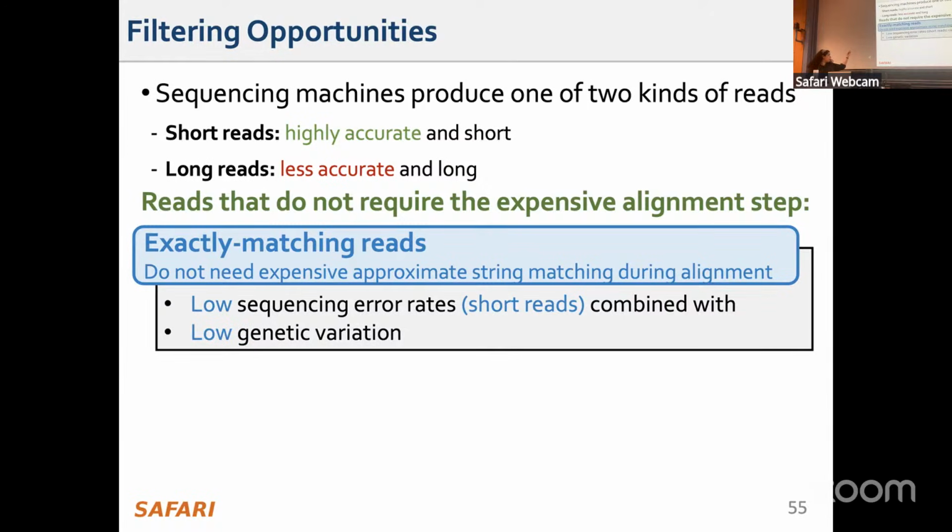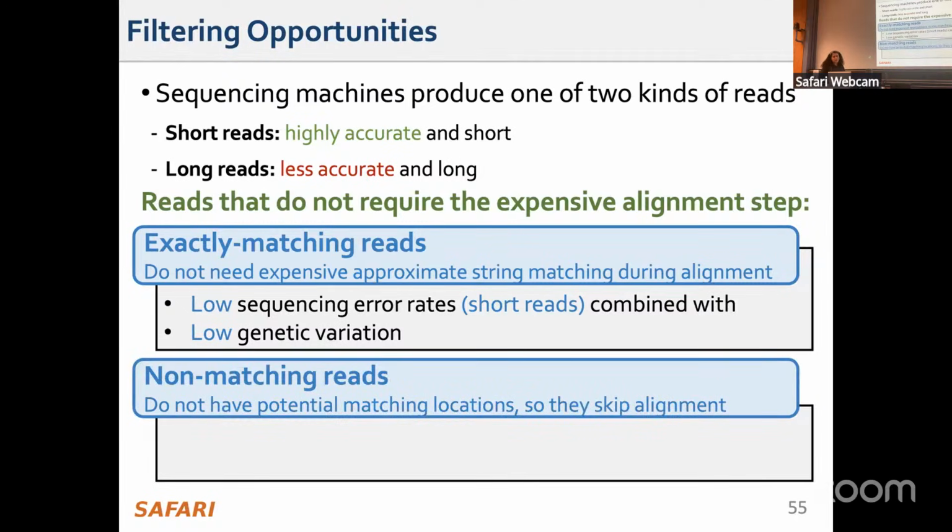A prime example of a species with low genetic variation would be us. Basically, us humans have very low genetic variation on average. A short read set has around 80% exact matches to the human reference genome. So that's already a very important class of genomic data.